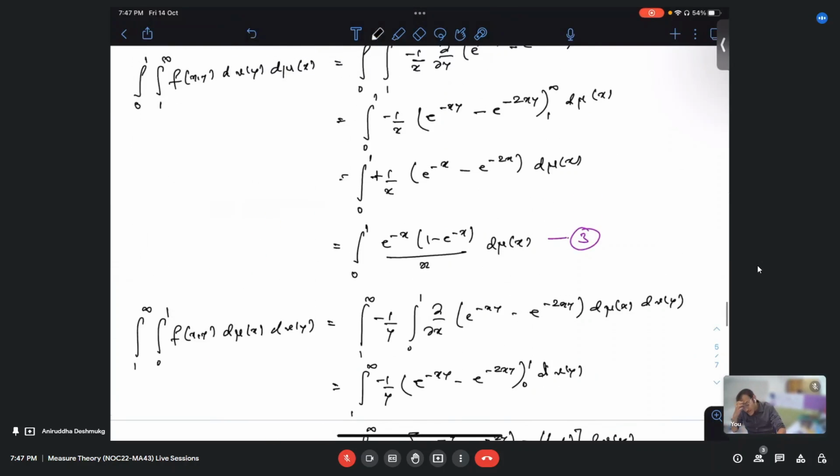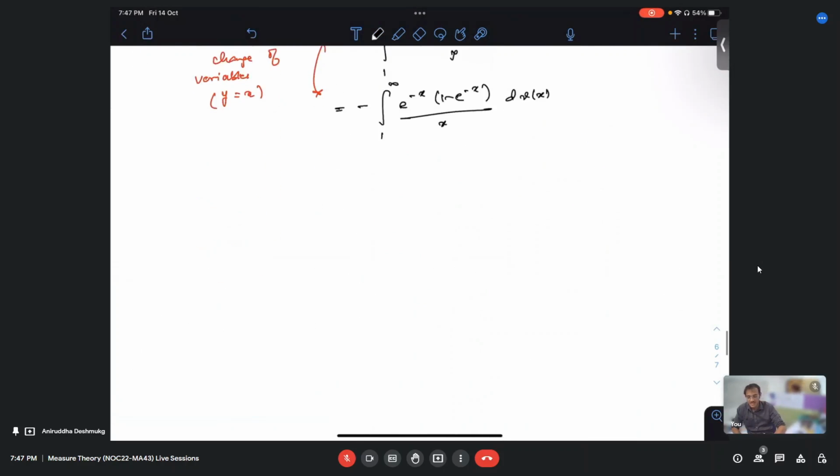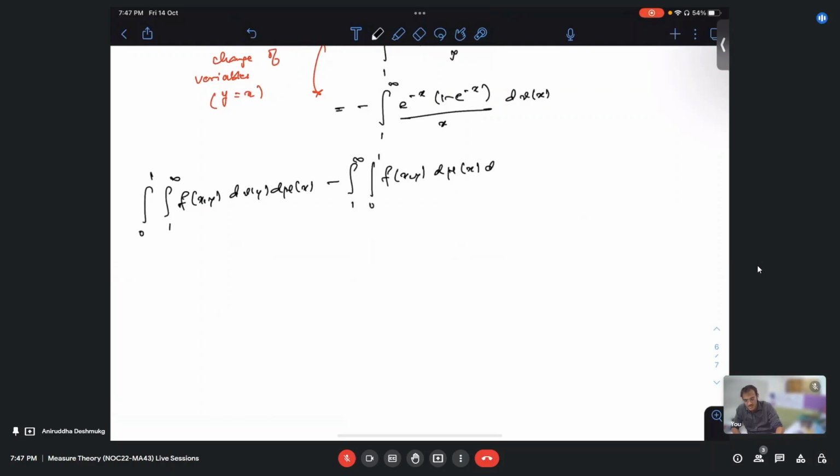Okay. Now, the question is whether the left-hand sides are equal. Are these two equal? If they were equal, then the difference must be 0. So let us try to calculate the difference. So integral 0 to 1, integral 1 to infinity, f of xy d nu y d mu x, minus integral 1 to infinity, integral 0 to 1, f of xy d mu x d nu y.